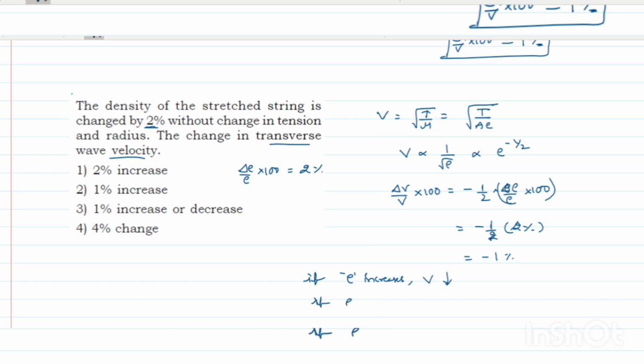If rho is decreased, then the speed will be increased. From this relation, if one is decreased, the other is increased, and vice versa. So both cases are possible, and the 1% may be an increase or a decrease.